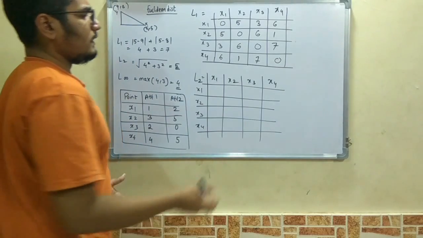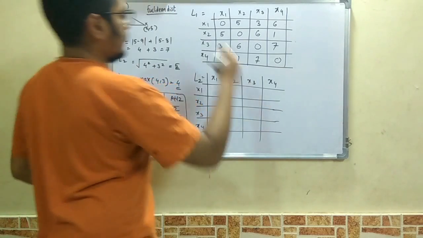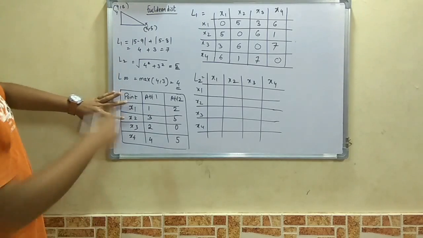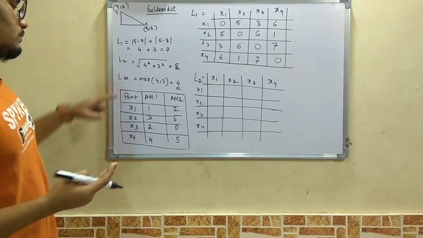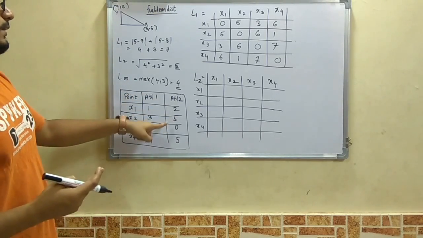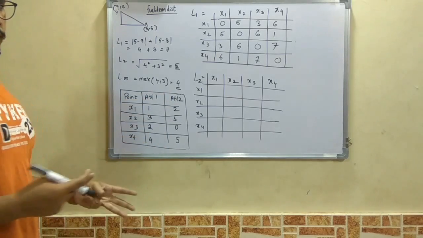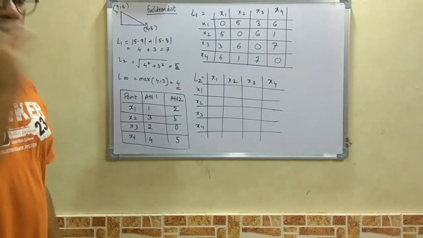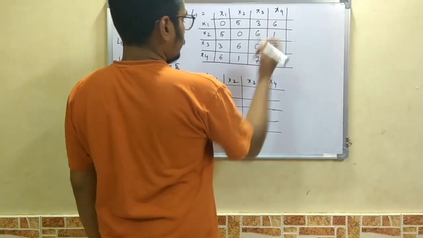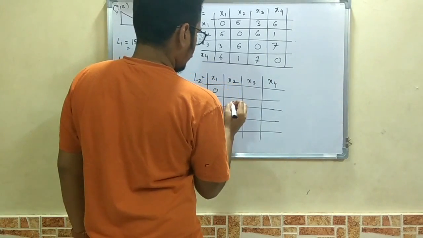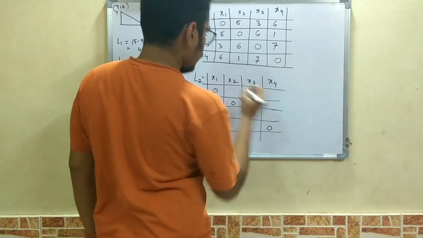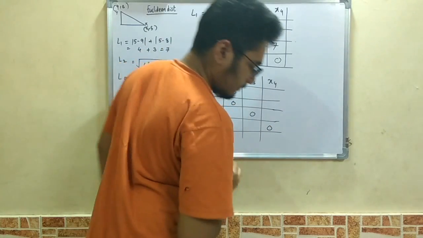So this is basically the square: when you calculate x1, x2, you have 1 minus 3, that is 2 square, plus 2 minus 5, that is 3 square. 2 square is 4 plus 9, that is 13. So under root of 13 you will get a value of 3.6.